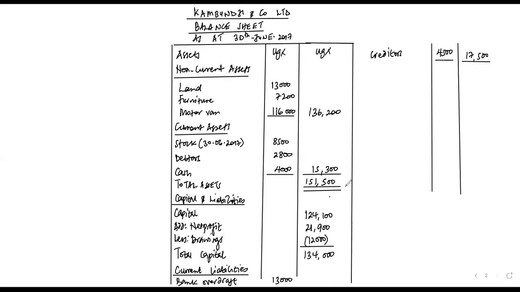We add them to equity or capital of 134,000. We get 151,800.